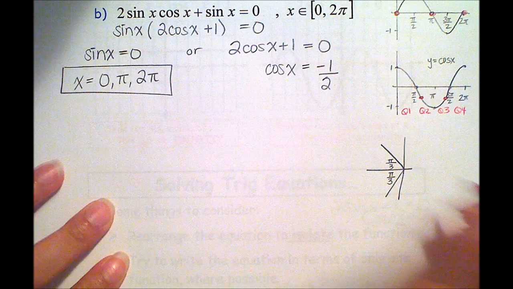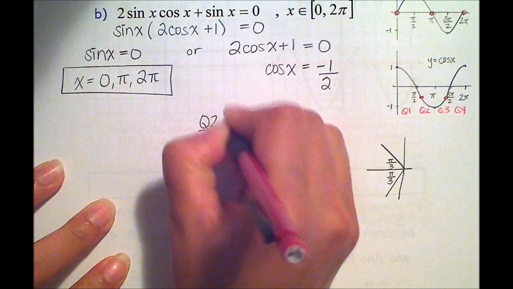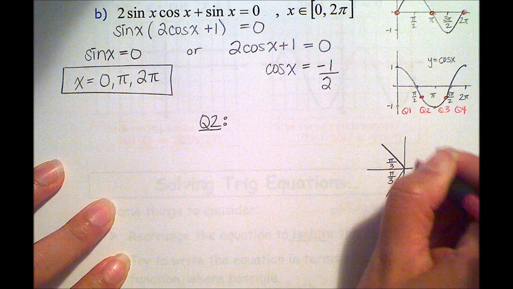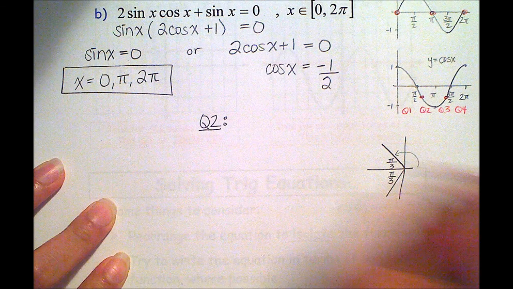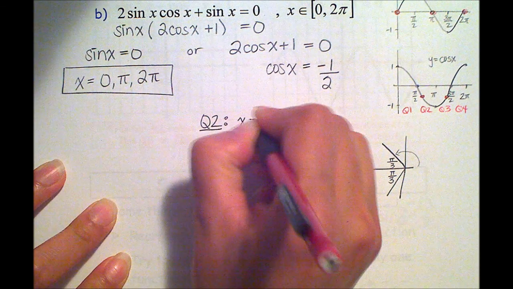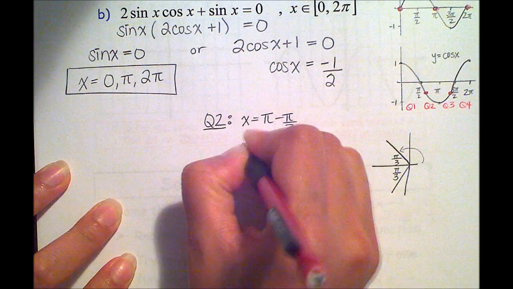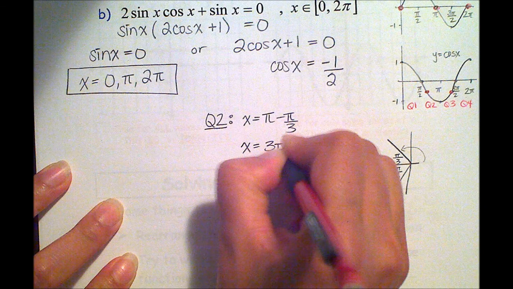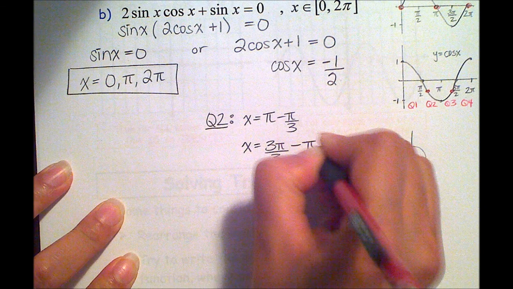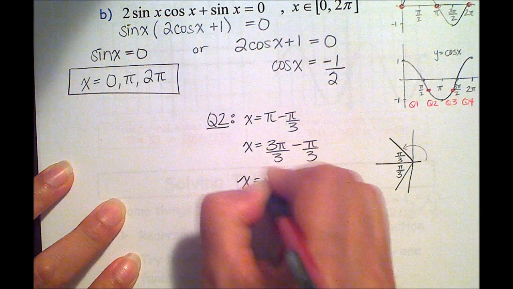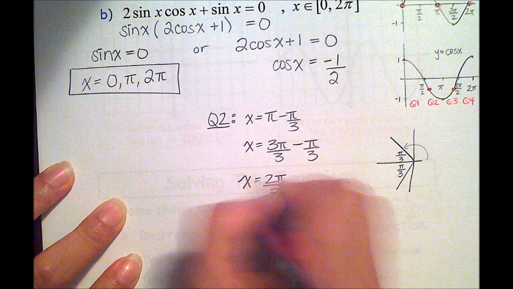Okay, so I need to solve for the angle in quadrant 2, which means in order to solve for this angle here in quadrant 2, I need to subtract pi over 3 from pi, and again get a common denominator, and subtract, and you get x is equal to 2 pi over 3. So there's one of my angles.